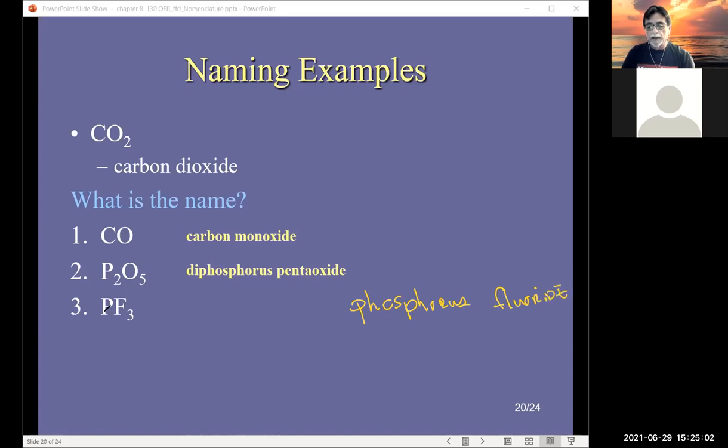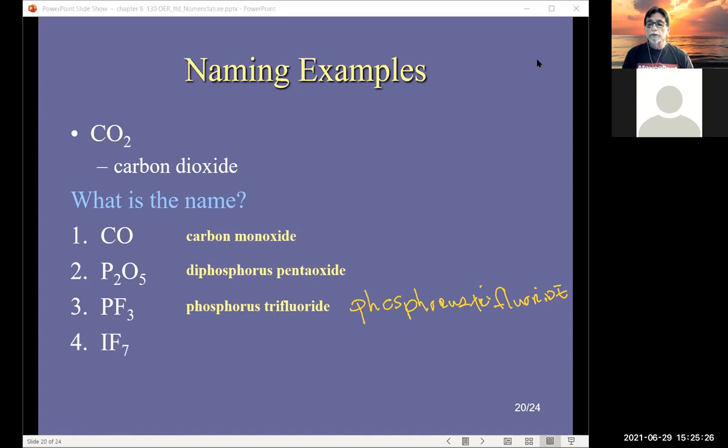Now I go back and look. It's only one phosphorus, so I don't need to put a mono. It's only the second after the central. Just leave phosphorus alone. But there's 3 fluorides, so it becomes trifluoride. So that name is phosphorus trifluoride.